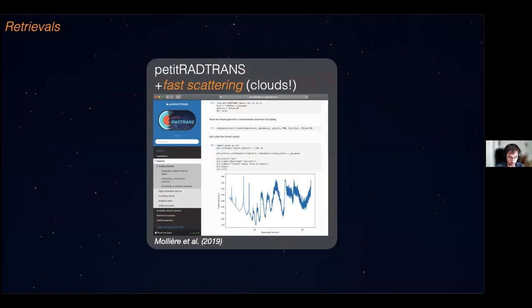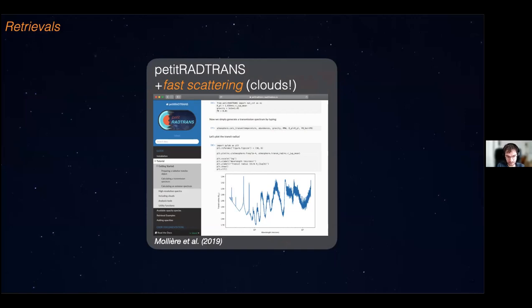So what do we do there? In my case, I use petitRADTRANS, which is an open-source, publicly available Python package that I wrote for calculating spectra and carrying out these retrievals. And it's able to also do scattering quite quickly, which is important because these planets are always expected to be cloudy, so you have to take scattering into account.